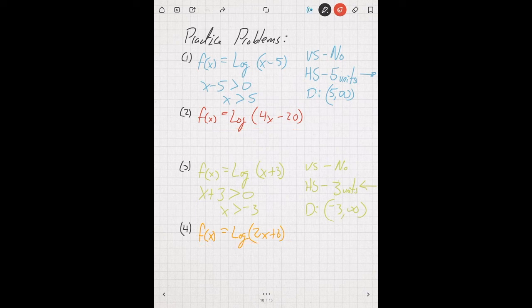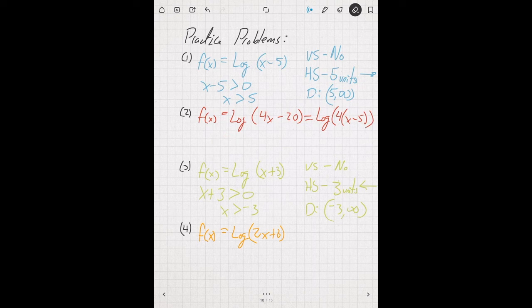Something you should notice about this particular function, we're going to start with the red one, is that we now have a number out front of x. What we can do here is factor the 4 out. We could rewrite this as, here I'll do this to the side, log base 4 of x minus 5.